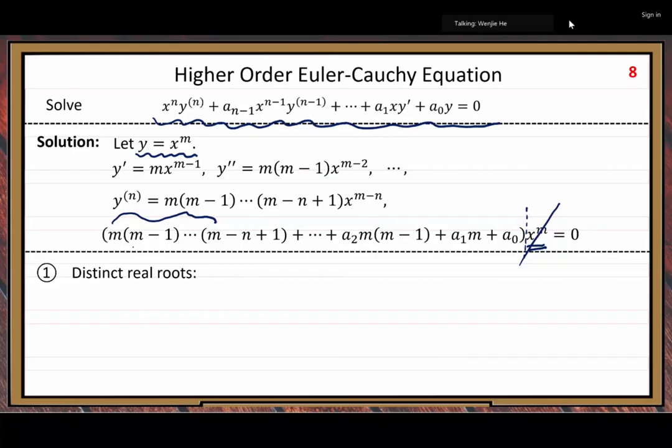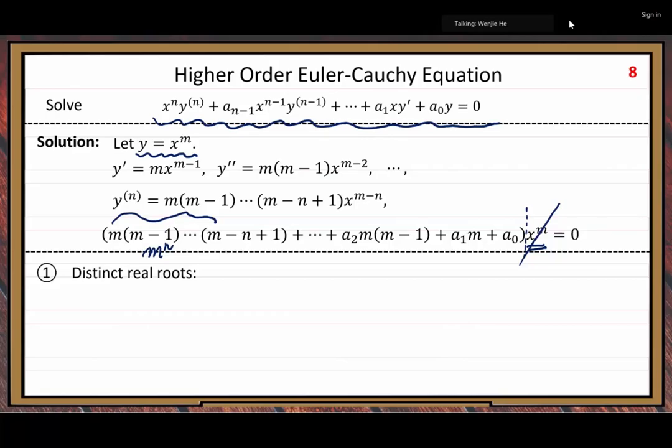If you count 0, 0, m 0, 0, n minus 1, there are n. So n copies, right? So m to the n, the highest order or degree. So it is a polynomial of degree n.